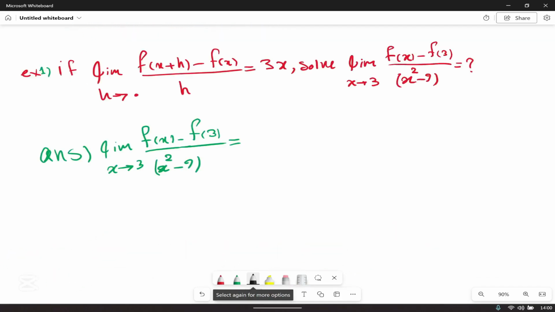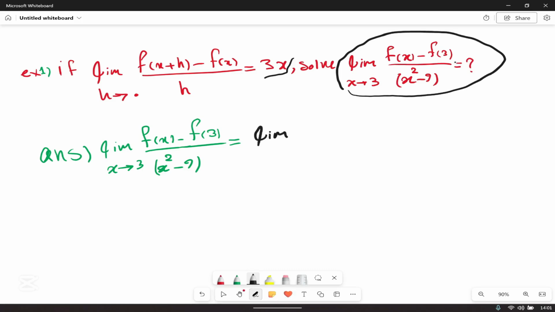Question 1. If the limit of f(x plus h) minus f(x) divided by h as h goes to 0 is 3x, solve this limit. To solve this, at first we know we can factorize this part like this: f(x) minus f(3), x minus 3, and x plus 3.